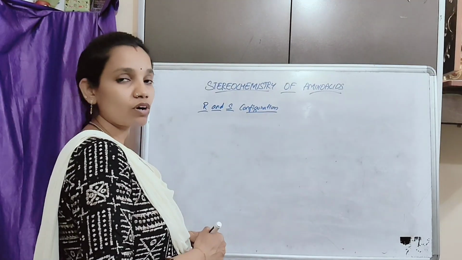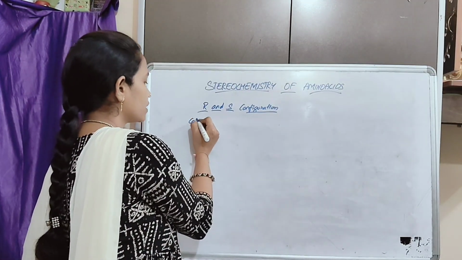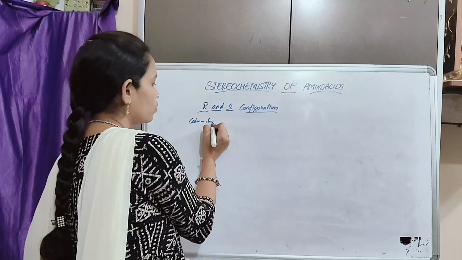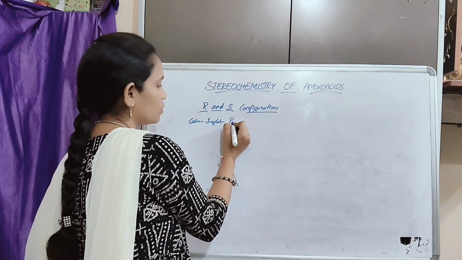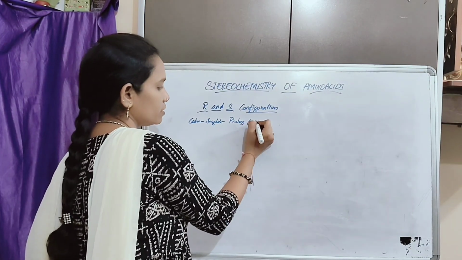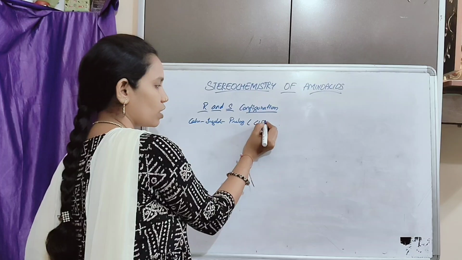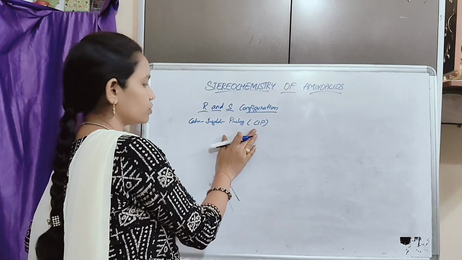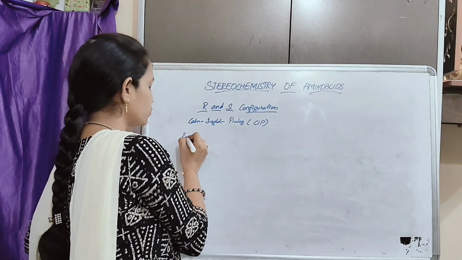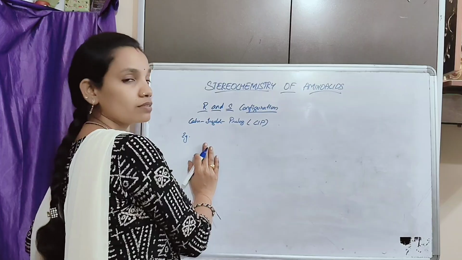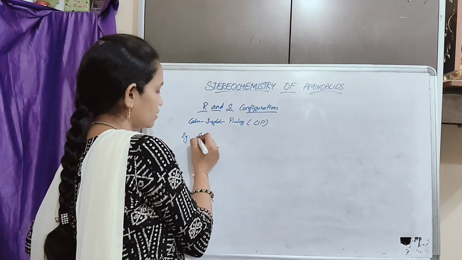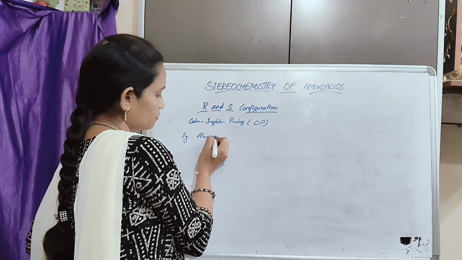Now this R and S configuration comes from Cahn, Ingold, Prelog, means priority rules. In short, we call it CIP rules. According to this, we have to follow some rules. Now I'll explain this with the example alanine. Pay attention.